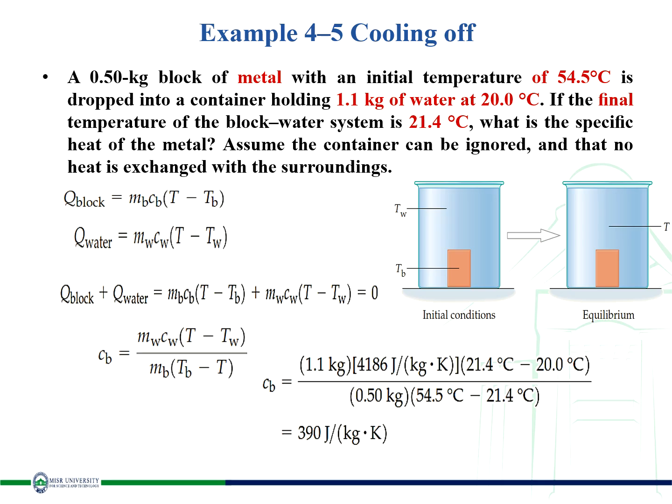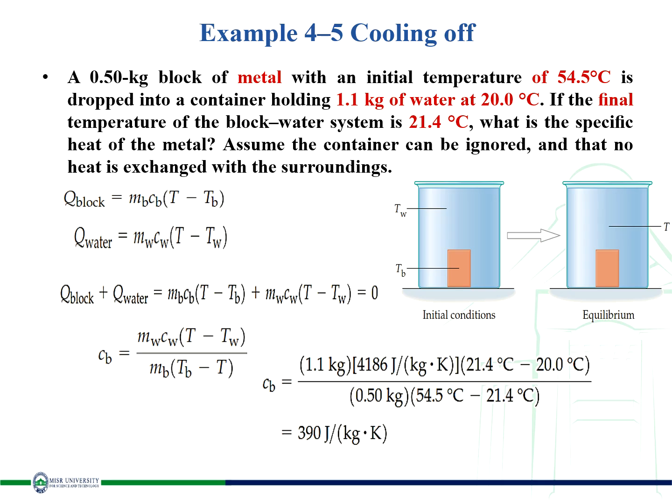Our goal is to find c block, the specific heat of the metal. Let's rearrange this equation to solve for c block. First, move the water's heat term to the other side: m block c block delta T block equals negative m water c water delta T water. Now, divide both sides by m block delta T block to isolate c block. c block equals negative m water c water delta T water divided by m block delta T block. Notice that negative sign in front.